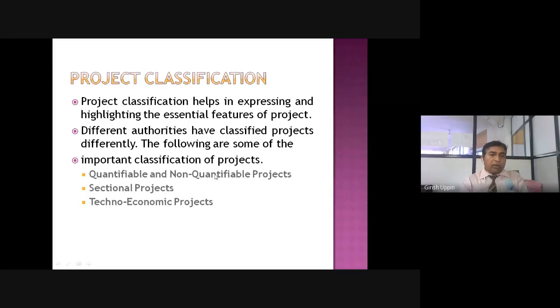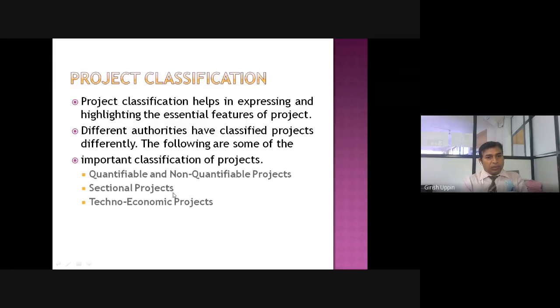In non-quantifiable, we cannot put a number. General feeling, a good feeling, okay. Increase in happy people, increase in healthy people, so that is non-quantifiable. Such things are non-quantifiable.